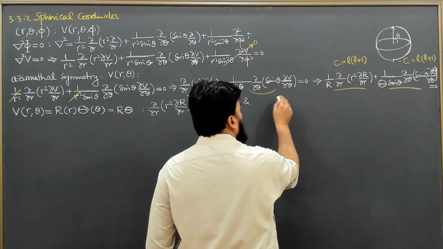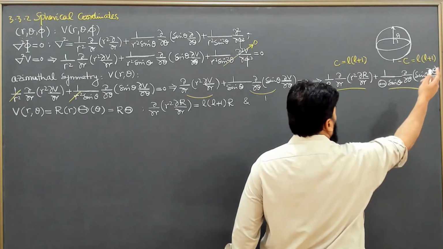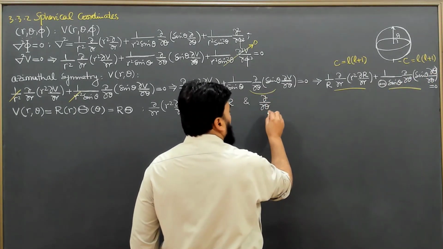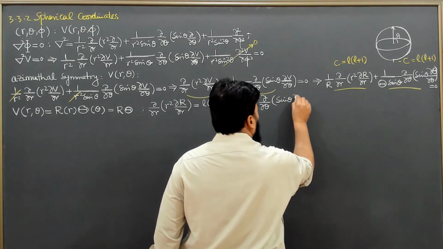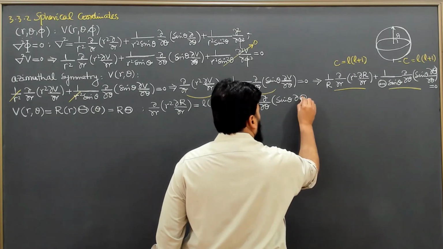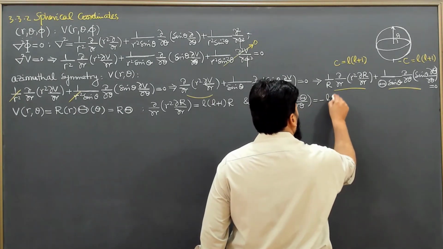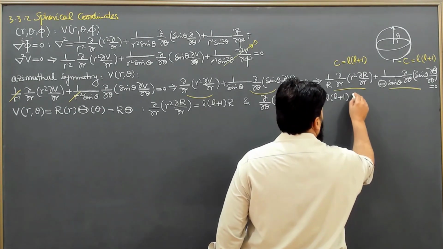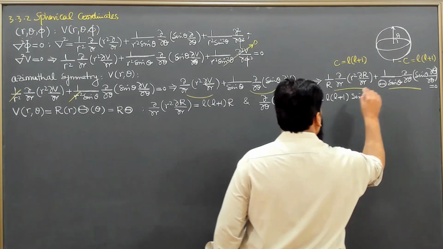The next one will be 1 over Theta. If I move sine theta to that side, then partial over partial theta of sine theta, partial big Theta over partial theta here is equal to minus L into L plus 1 and sine theta, big Theta here.